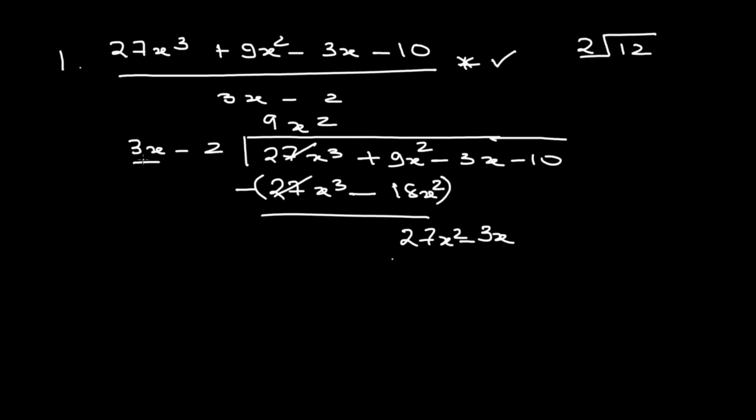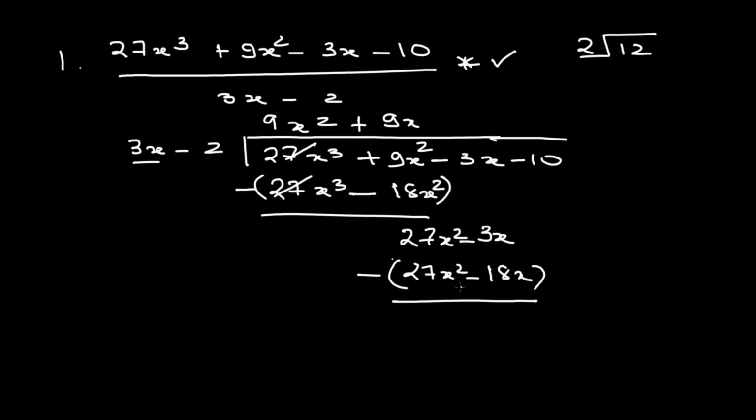Now I'll divide these two, so that will give me plus 9x. Then this term times this whole structure here, I'll get 27x squared, and this times that gives me minus 18x. Again, I'll subtract here.